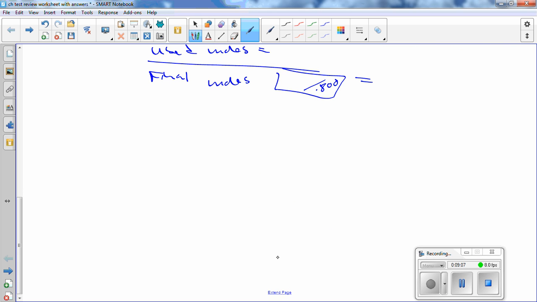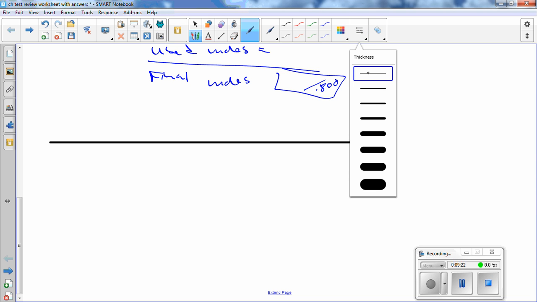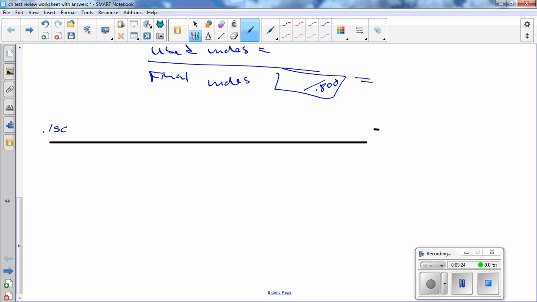All right, so the last step we're going to do here is a picket fence again. So we're still going to start with our limiting reactant, which was 0.150 moles NaI. And for the 2 moles NaI, I have 1 mole PbI2.